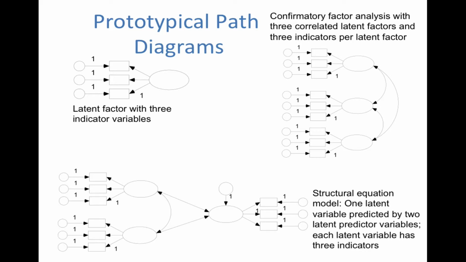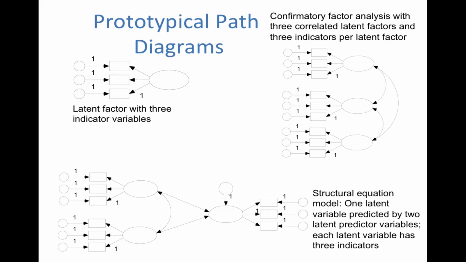But we'll go through some examples of all this in a bit. On the right here, we have what's more commonly seen in confirmatory factor analytic settings, where you've got multiple factors. So this could be a 3-factor model of something, like the theory of planned behaviour, with attitudes, subjective norms, and perceived behavioural control.